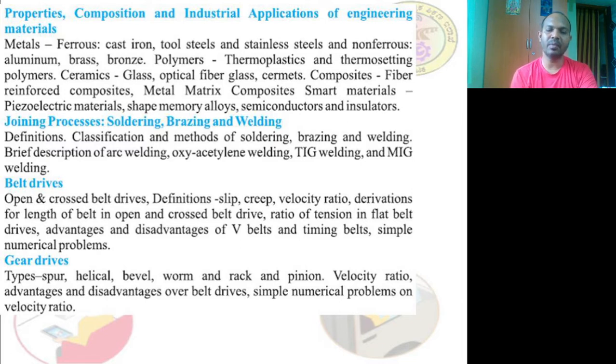We will study what soldering, brazing, and welding are, and then the classification and methods of soldering, brazing, and welding, and a brief description of arc welding, oxyacetylene welding, TIG welding, and then MIG welding also, that is, tungsten inert gas welding, and MIG stands for metal inert gas welding.